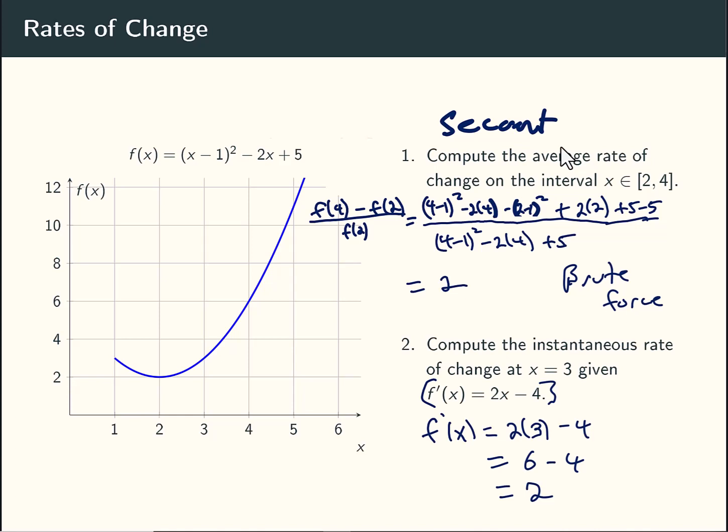In this case, the numbers worked out very nicely, and as we reduced that interval, we got closer and closer to this instantaneous rate of change. Now, the instantaneous rate of change, generally speaking, is only going to be accurate when x is equal to 3. As we move further away from 3, the slope immediately changes, and therefore so does the instantaneous rate of change.